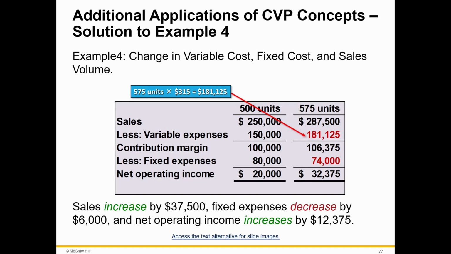Our fixed expenses would decrease because we're no longer paying the salary, which was part of our fixed expenses. So from 80,000 to 74,000. So it would increase our net income to 32,375. So it would actually increase our net income by 12,375.